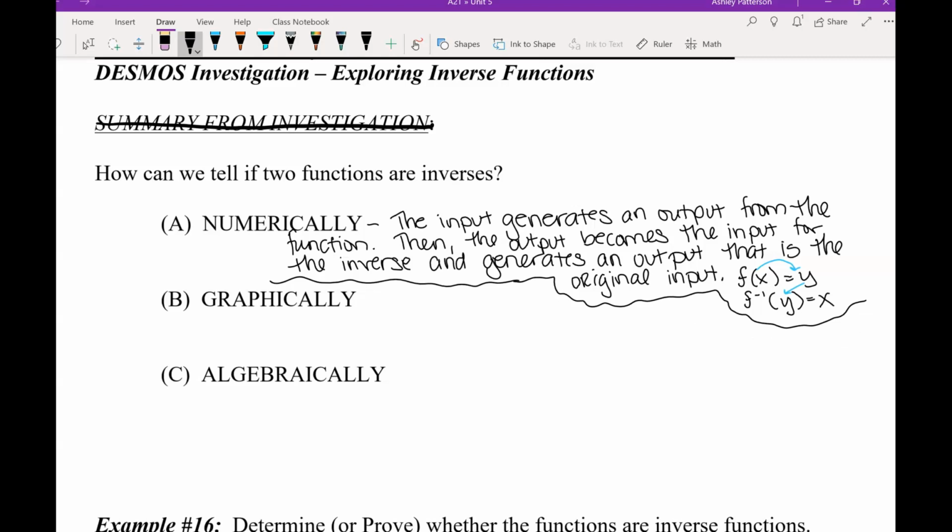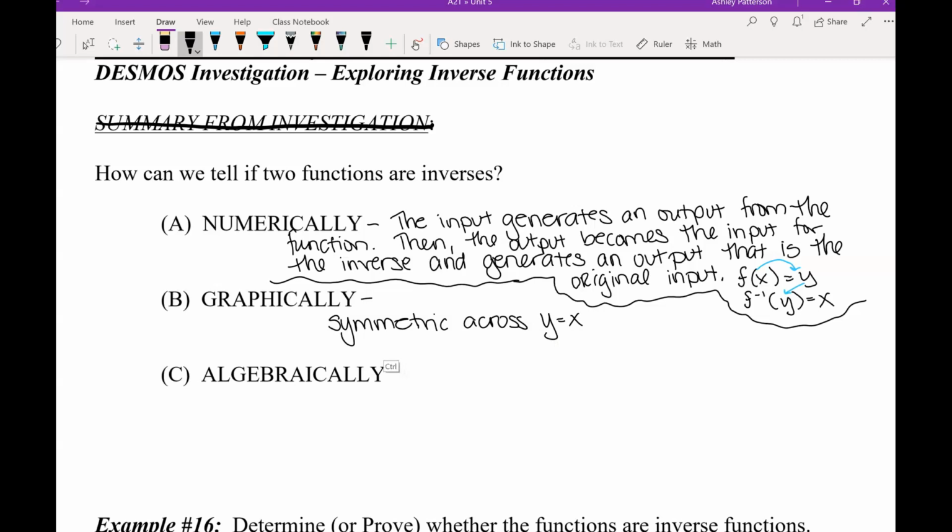Now, graphically is so nice. If you have 2 functions that are inverses, they are symmetric, so they are mirror images. They are symmetric across the line y equals x. Reflective, mirror images.